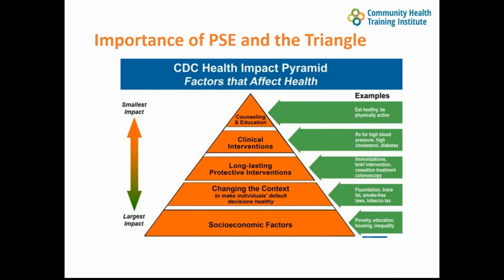Besides the shape of the pyramid, each of those are placed strategically within the pyramid, really showing how they're able to impact health. So if you're able to somehow impact changing the context or changing socioeconomic factors, that's actually where you're going to have the biggest bang for your buck in terms of being able to influence and improve health.